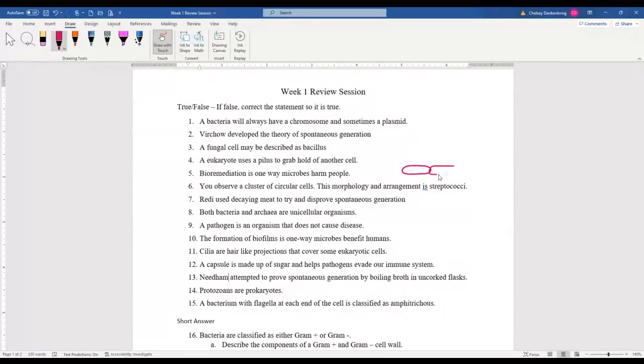So if instead you saw this, what's my morphology and arrangement? Don't be shy, y'all. We've got two bacillus cells stuck together. Excellent, Paula. Diplobacillus. And I'm not a grammar person, so if you say diplobacillus, diplobacilli, both are perfectly acceptable.